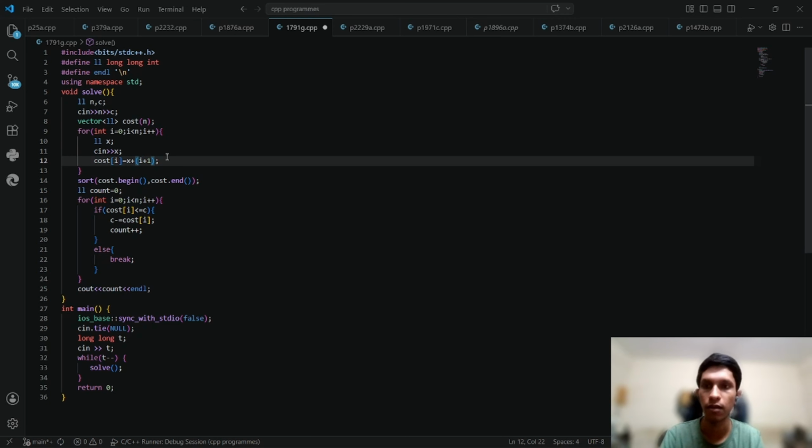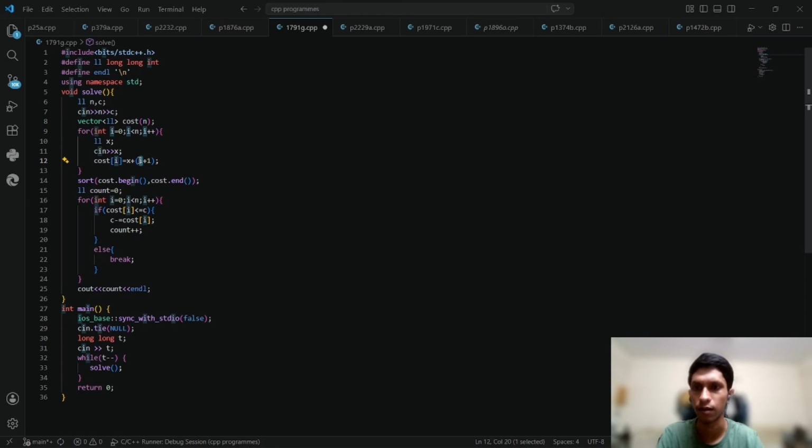In all the languages, the indexing of the array starts from 0, but the cost indexing starts from 1. That's why I'm adding 1 with i, and x will be the cost of the door that is given in the problem.